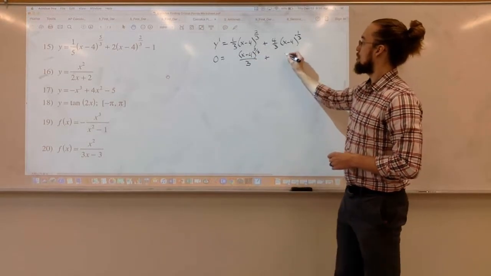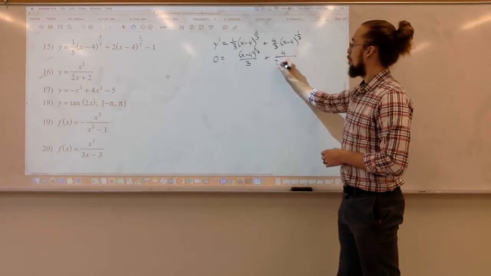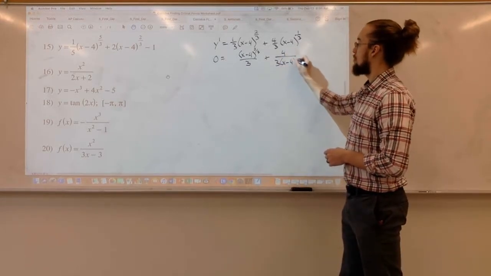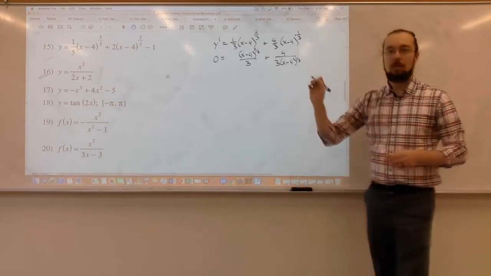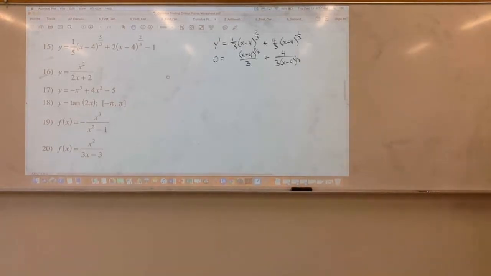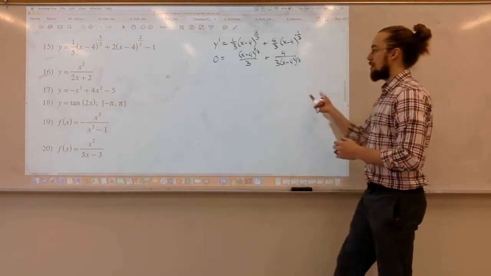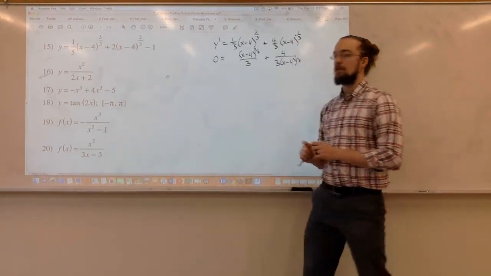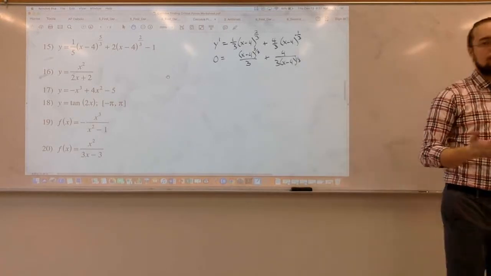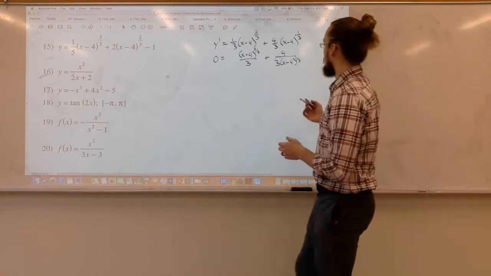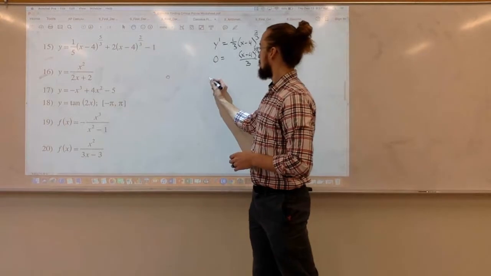And this one would be the same as 4 over 3 times x minus 4 to the 1/3. We okay with rewriting things like that with negative exponents? So now what we talked about yesterday is I can take one of these terms to the other side and then just cross multiply. So it doesn't matter which one I take to the other side. I'll just take this one over.